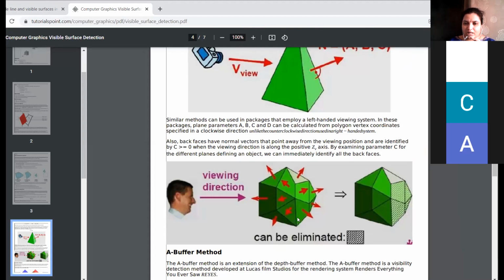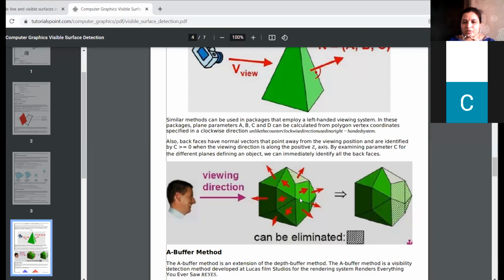Whenever these are the hidden portions in which the normal is pointing away from the user, we can remove those surfaces, so that the memory requirement for those surfaces is minimized.